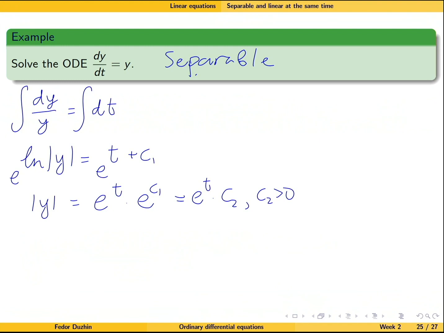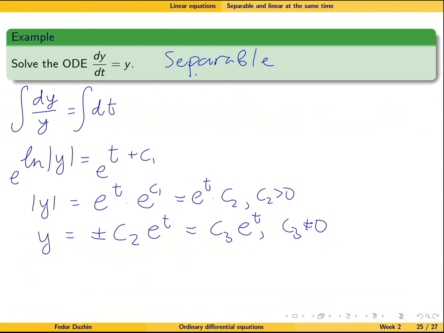So what is y itself? y itself is, of course, going to be plus minus c2 e to the t. But c2 is a positive constant. So plus minus positive number is any non-zero number. So this would be really like c3 times e to the t, where c3 is a non-zero constant.